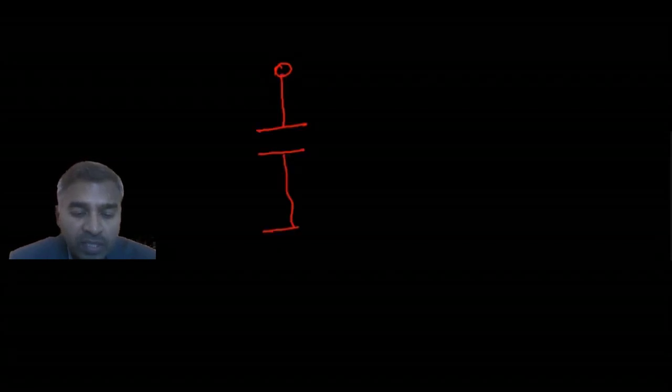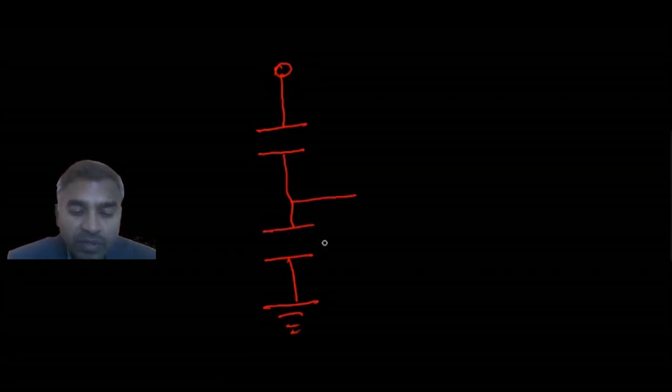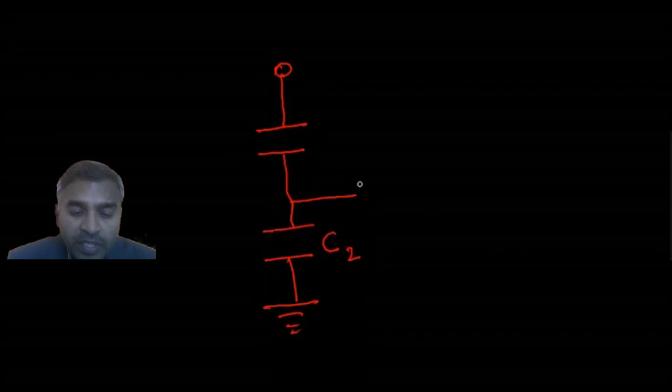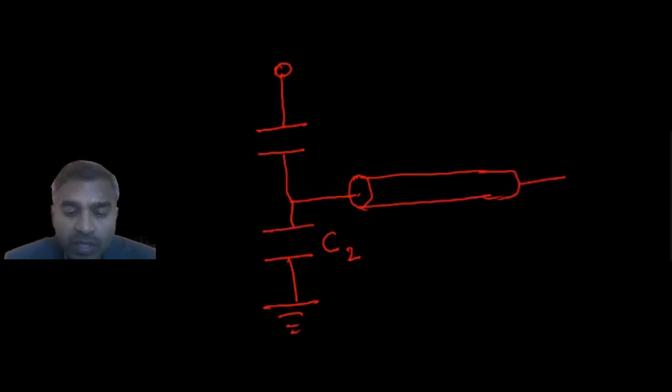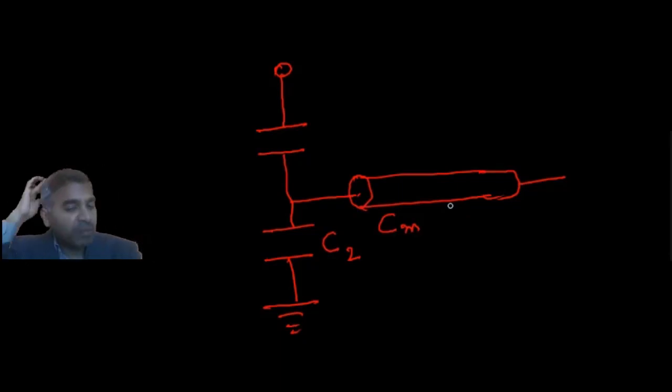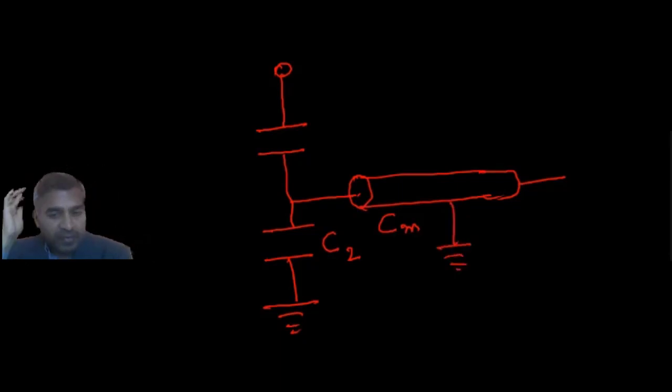Now I am simply drawing the C1, C2 like this. Assume that it is constructed in the manner I have given you just now. This is C2. Now here a measuring cable is there. The measuring cable capacitance is Cm, so it will anyway come in parallel with that.